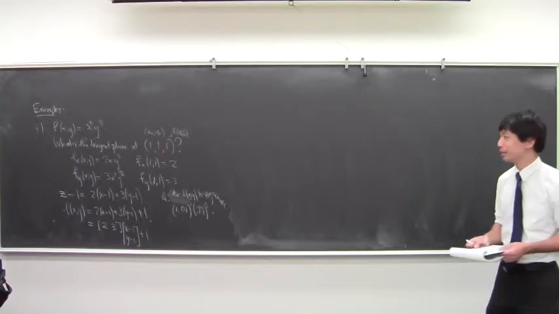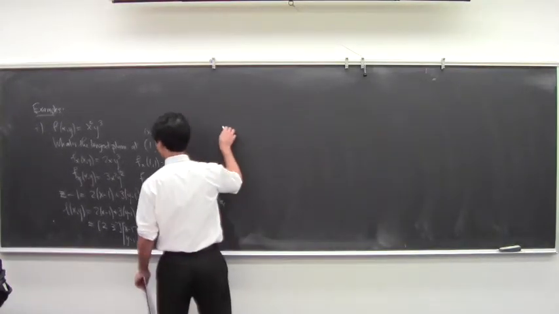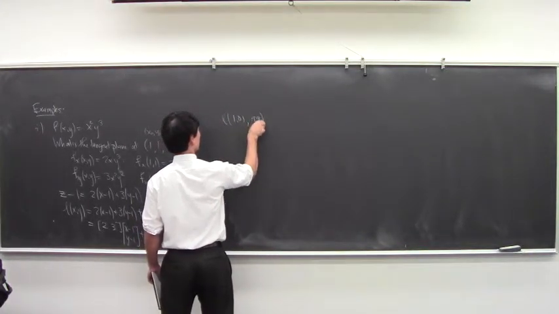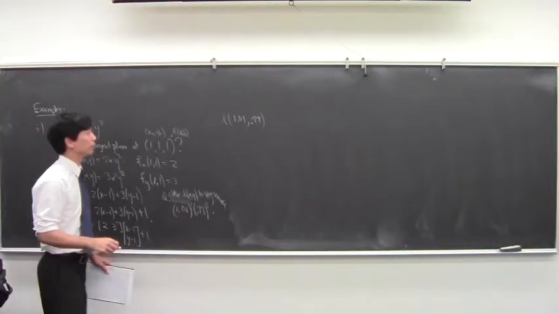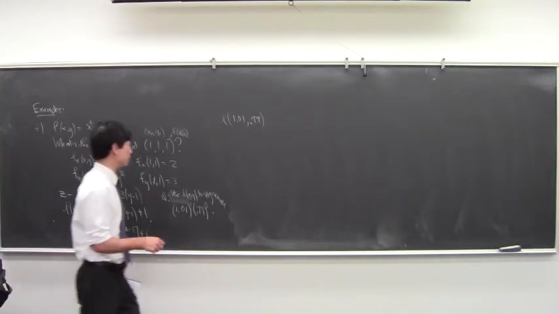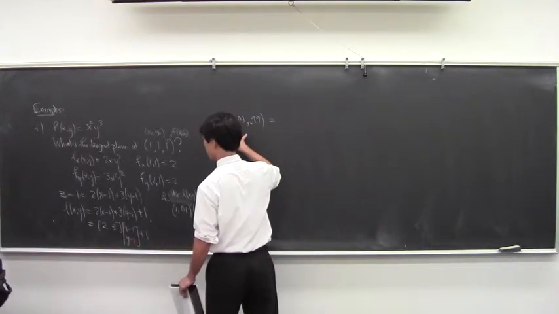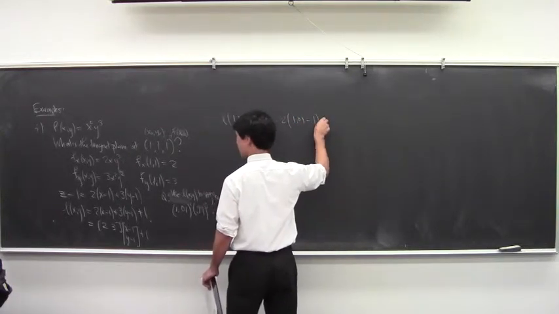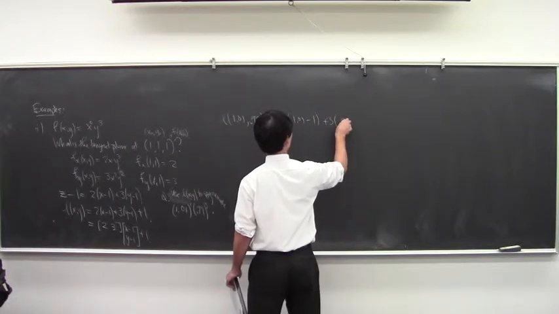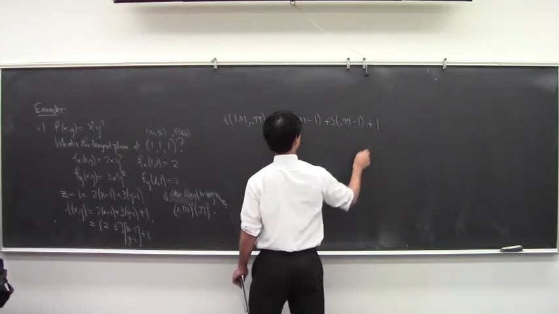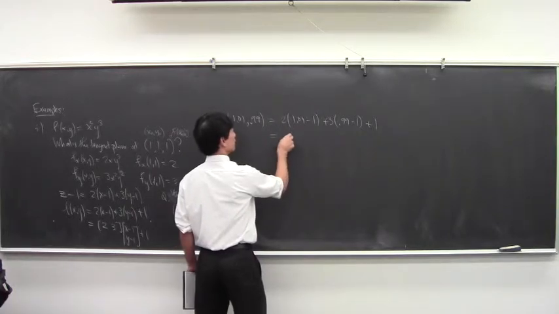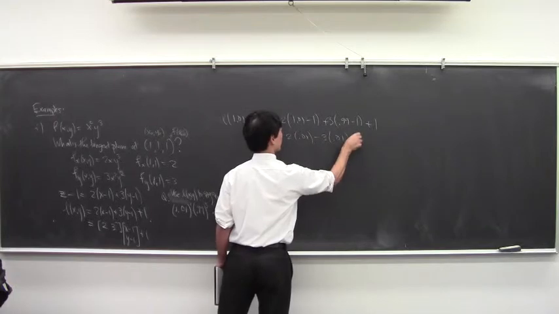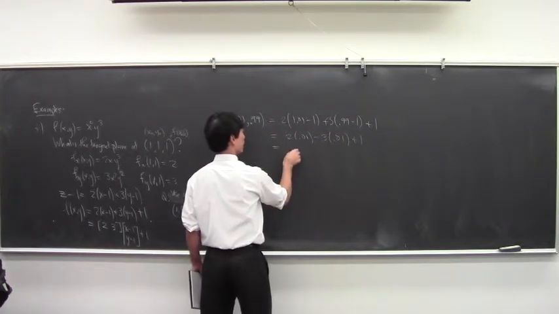So L of 1.01, 0.99 is going to be, this is a linear approximation at that point, 2 times 1.01 minus 1 plus 3 times 0.99 minus 1 plus 1. So that's 2 minus 3 of those guys plus 1, namely 0.99.